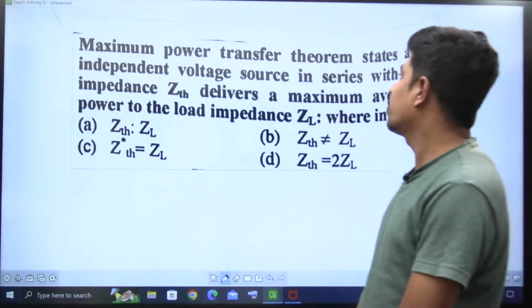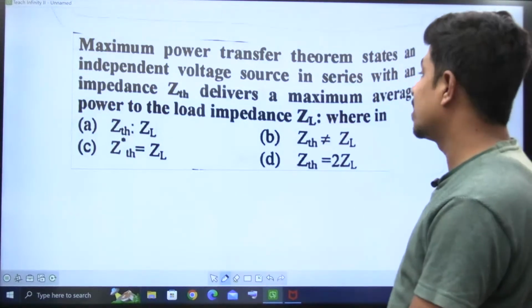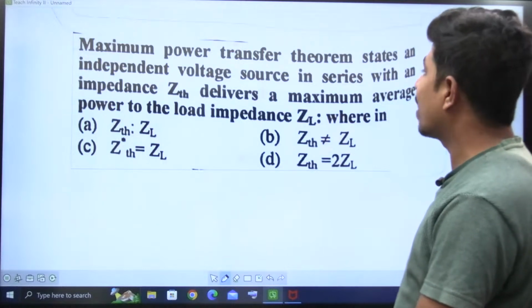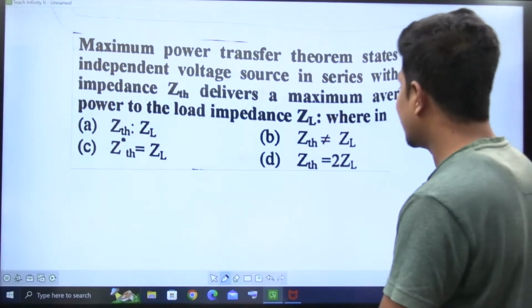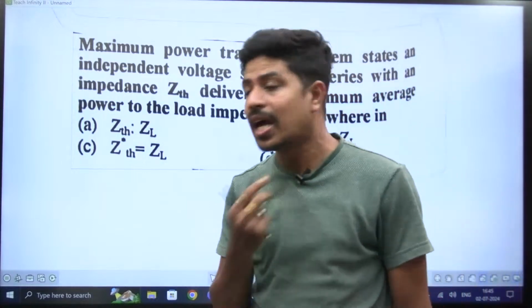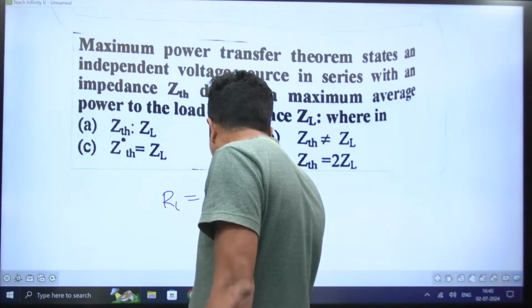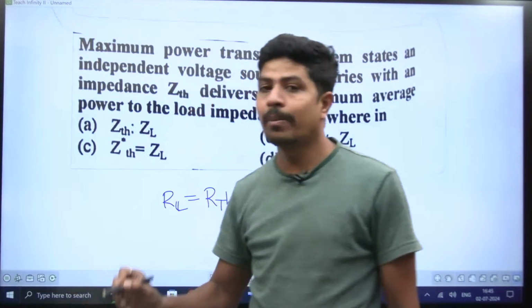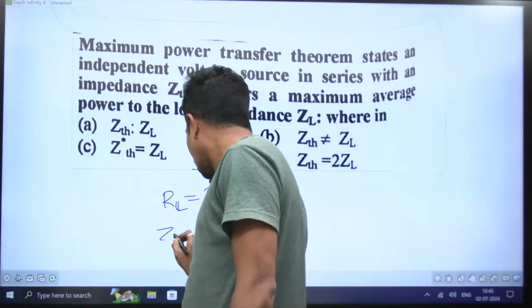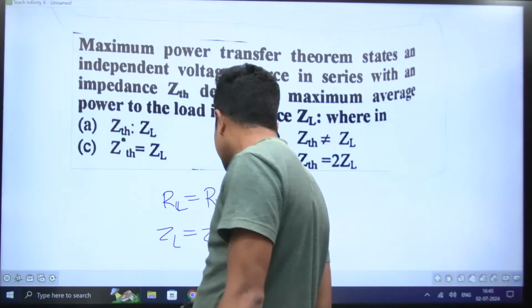Maximum power transfer theorem states an independent voltage source in series with an impedance Z Thevenin delivers maximum average power to the load impedance when ZL is equal to what. I told you about the maximum power transfer theorem in DC: R load must be equal to R Thevenin. But for AC, Z load must be equal to Z Thevenin conjugate.